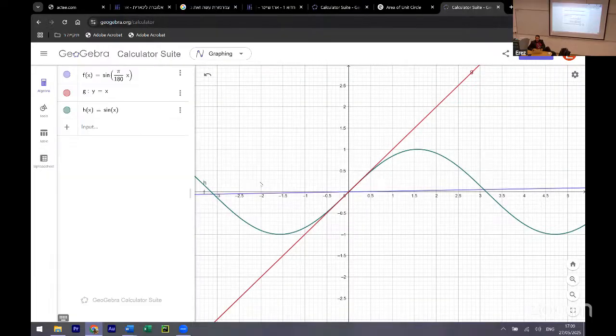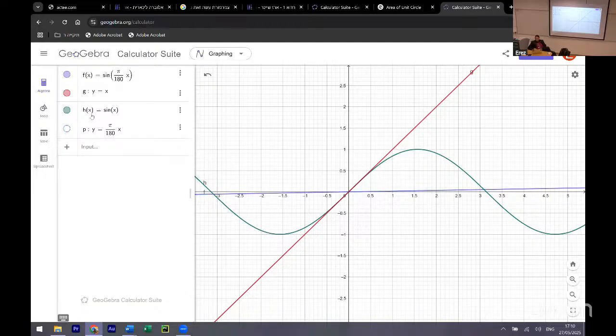And now let's write y equals pi over 180 times x. Can you see that line? No, you cannot. It looks completely equal to the sine. It's also the same color, which is annoying.